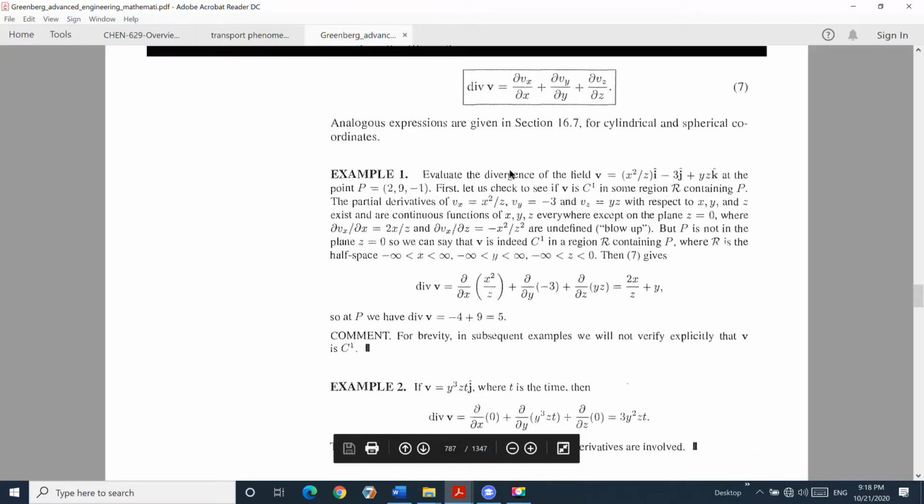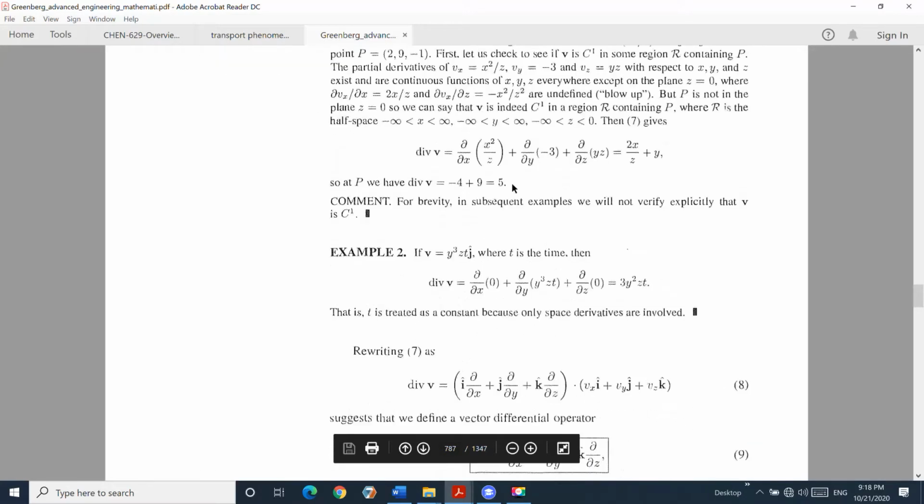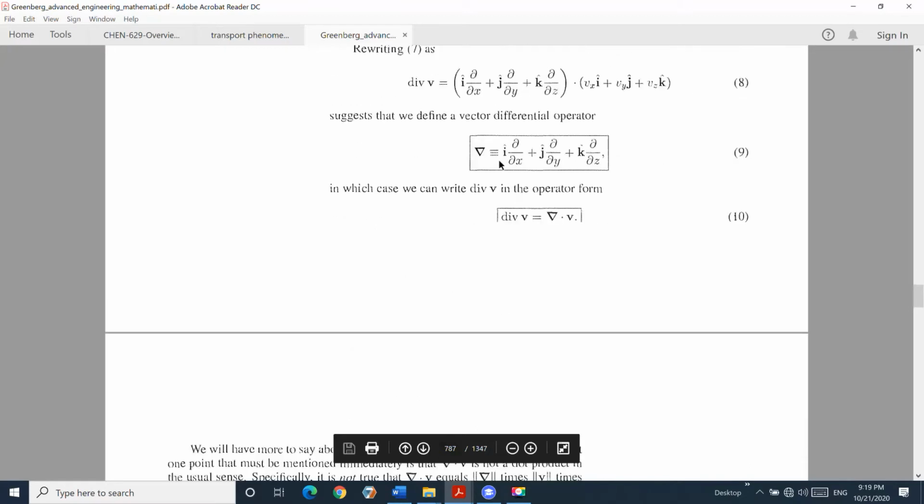We call this definition the divergence, and this del operator, a differential operator, is represented by this formula: d over dx, d over dy, plus d over dz. Here, i, j, k represent the index notations on the vector fields.